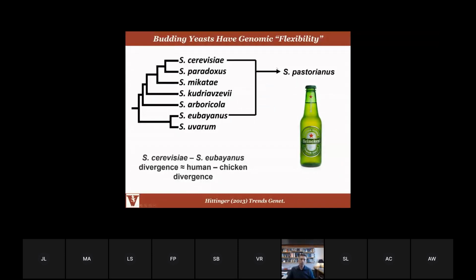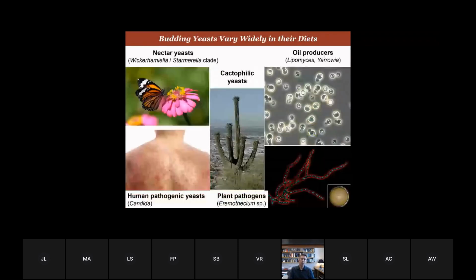And the innovation of this hybrid, if you like, is that it's able to ferment ethanol at the pace that cerevisiae can, but can also do it at cold temperatures. So this hybrid shows mixtures of the two parental species. And this is the type of flexibility that you don't see in the mammalian lineage, in vertebrates, in animals or plants as much.